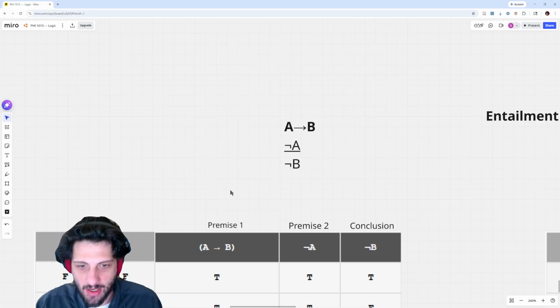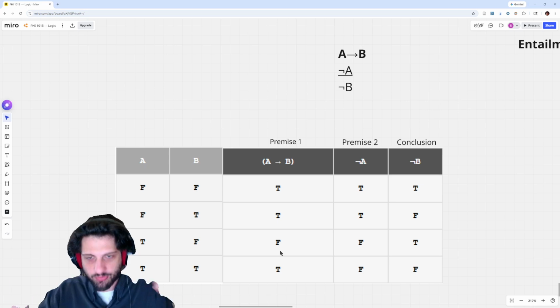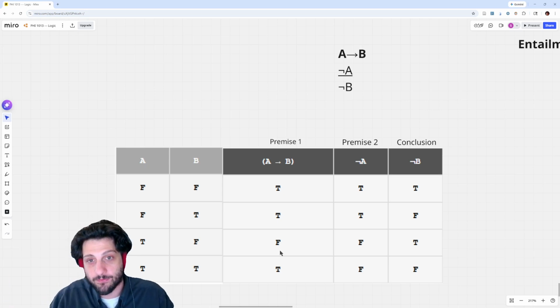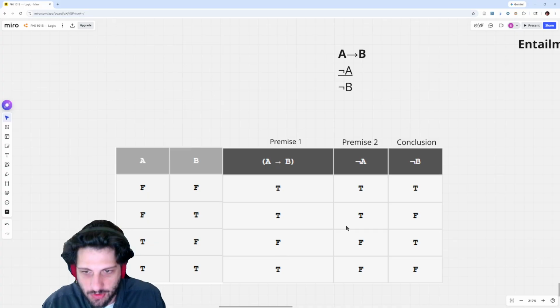And so what we want to figure out is, is this a good inference? Do those premises entail the conclusion? If we accept those premises, would we have to say the conclusion is true?